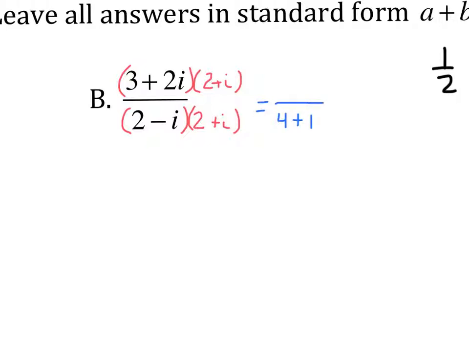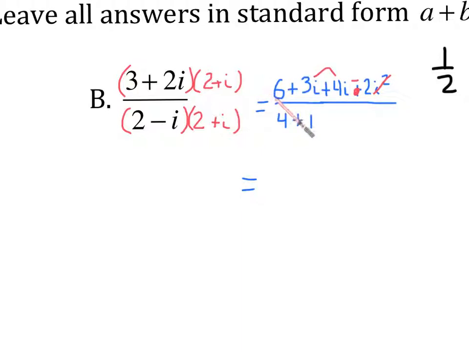In the numerator, I'm going to get 6 plus 3i plus 4i plus 2i squared. Bring the vinculum all over. These two become 7i. The i squared here changes this to a negative, and now I can simplify everything.